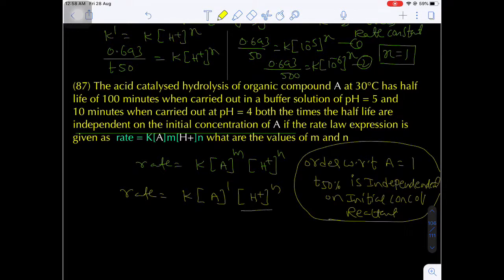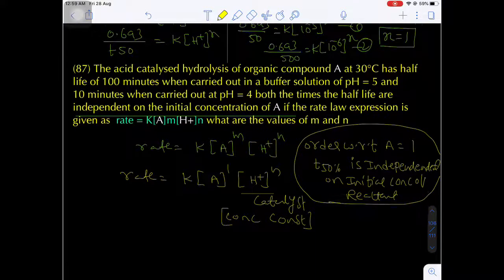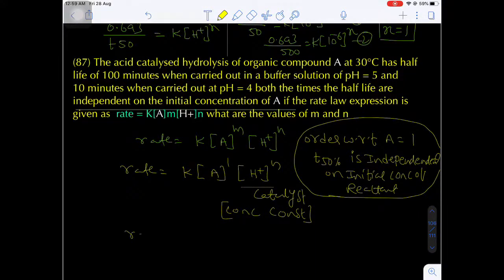Now what is the H plus here? H plus is a catalyst. Just now I told you the concentration of a catalyst throughout the reaction becomes what? Constant. So now in the rate expression I am taking K into H plus ion concentration to the power n as a K dash, into A to the power 1.